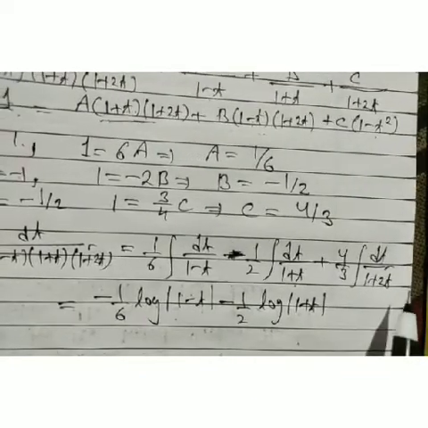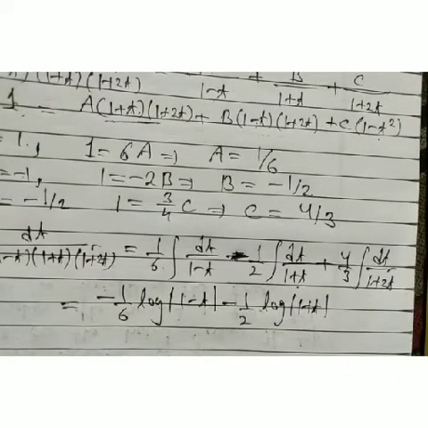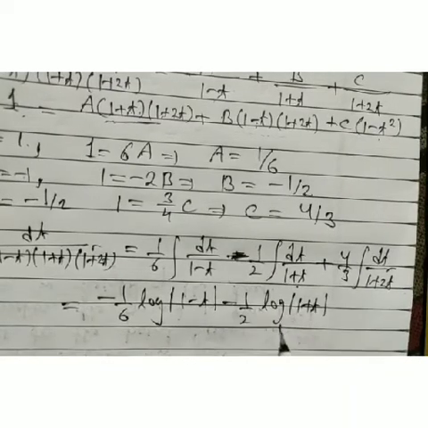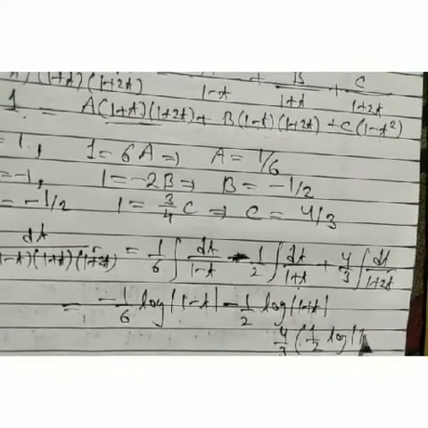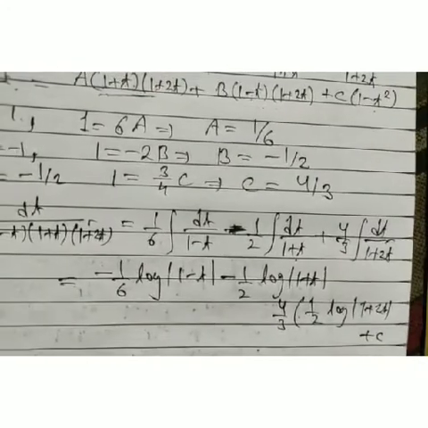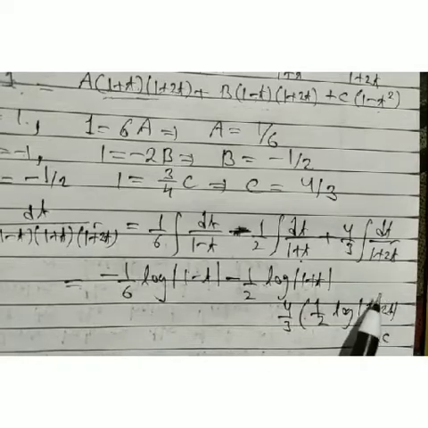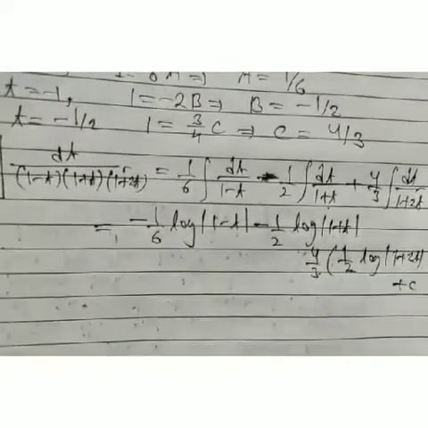Then here, when we put 2t plus 1 equal to some z, we get dt equal to 1 by 2 dz. The 1 by 2 cancels out with the 2, so we write 4 by 3, then 1 by 2 and log 1 plus 2t, plus c. This is our substitution method. Now this cancels by 2 by 2.